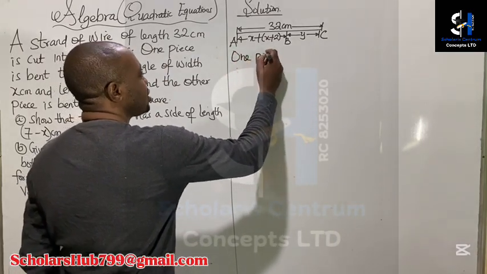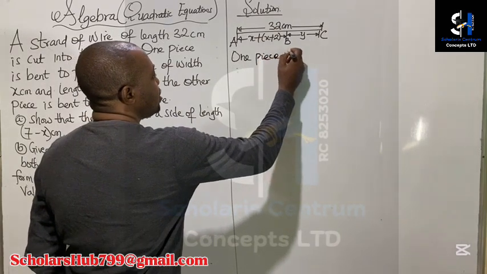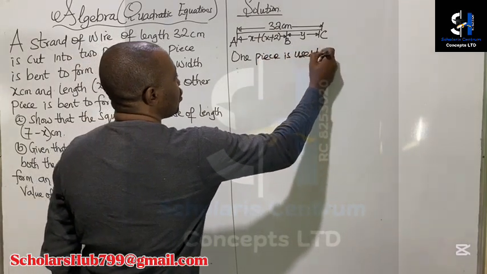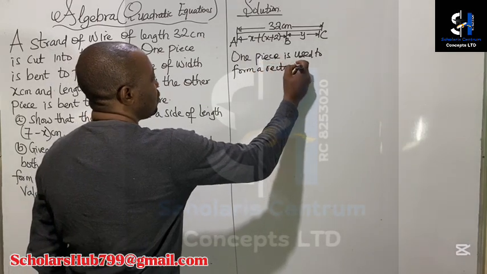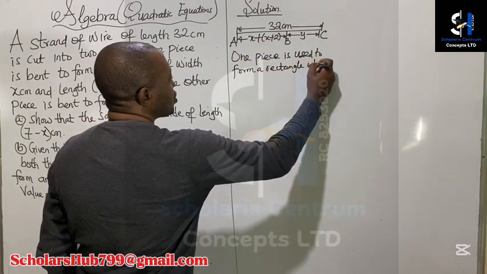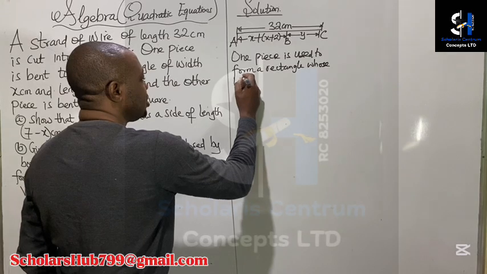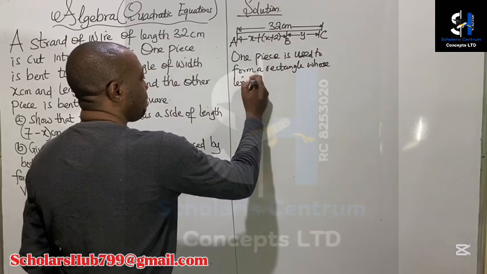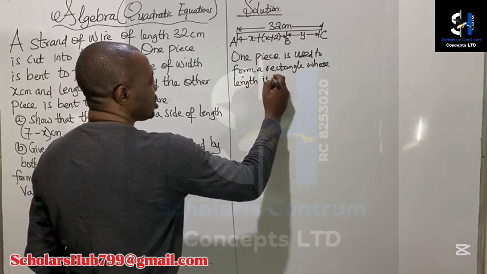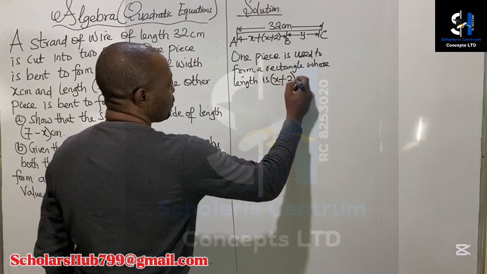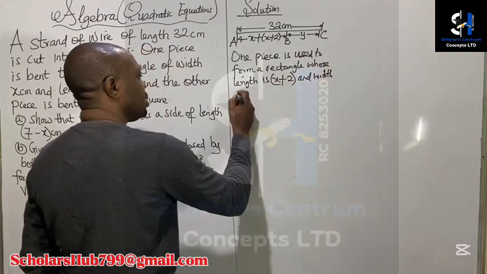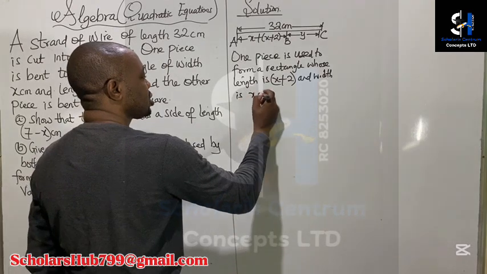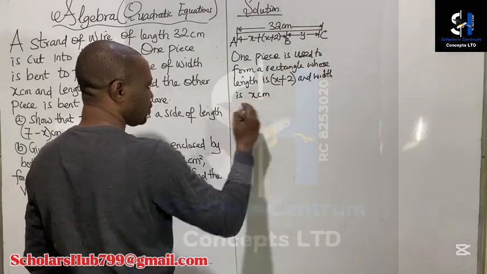One piece is used to form a rectangle whose length is x plus 2 and width is x centimeters.